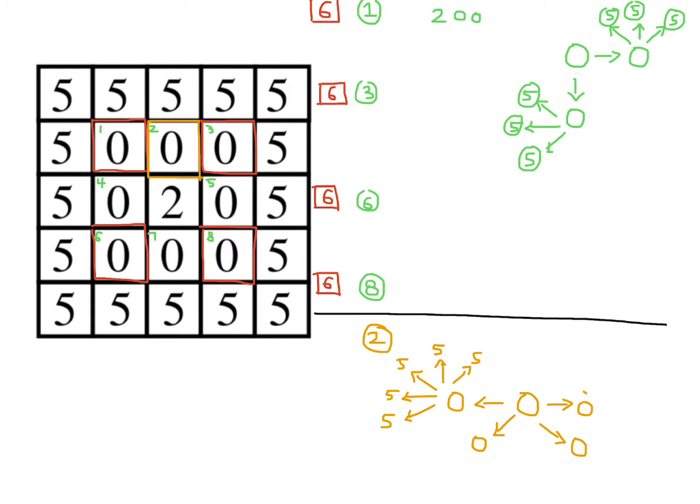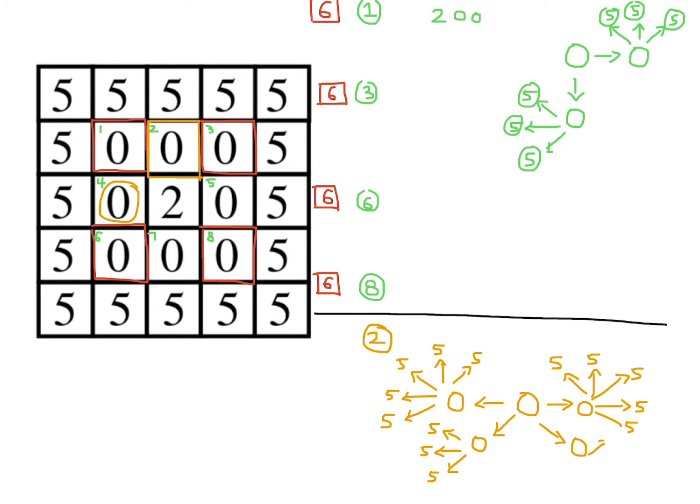So 1, 2, 3, 4, and 5. Now let's concentrate on this guy. 1, 2, 3. Only 3 ways to get to that final 5. So 1, 2, 3. And finally this guy here, 1, 2, 3, 3 ways.